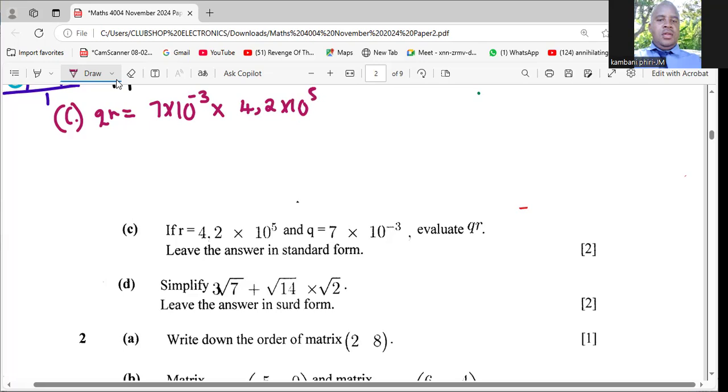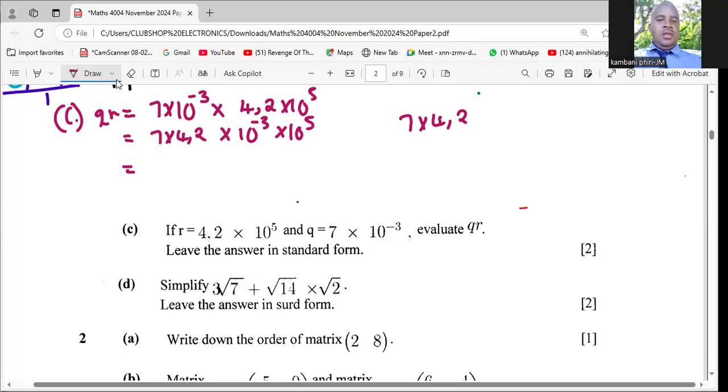Since this is multiplication, we can say this is the same as 7 times 4.2 times 10 to the power negative 3 times 10 to the power 5. Then you multiply 7 times 4.2 using your calculator, or you can do it manually.